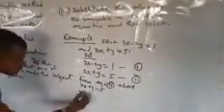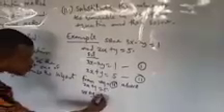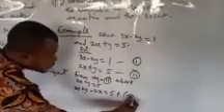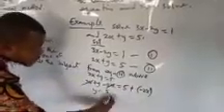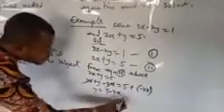So if you do that, we are going to have 2x plus y minus 2x is equal to 5 plus minus 2x. So this and this will definitely cancel. Then we have y is equal to 5 plus times minus is minus 2x. So that is equation 3.